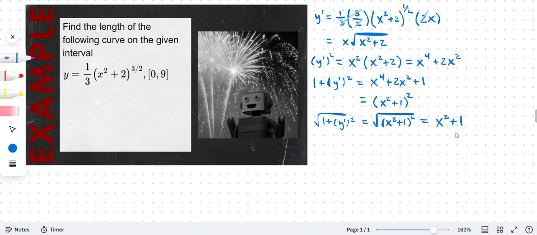So that is ultimately what we want to integrate, because that is 1 plus y prime squared. So we're going to go ahead and say our length is equal to the integral from 0 to 9 of x squared plus 1 with respect to x. So it can't get really any easier than that.